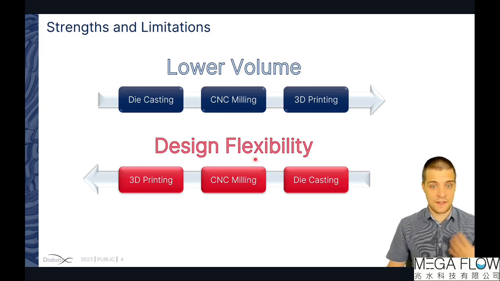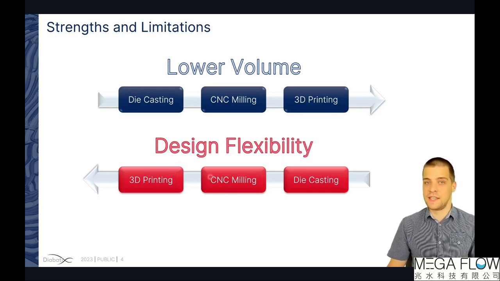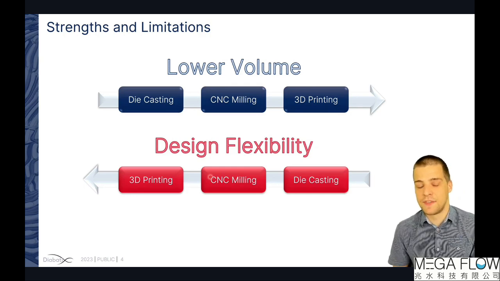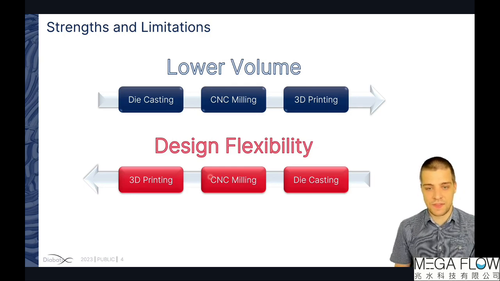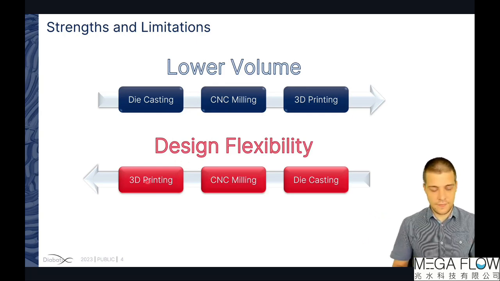All right, and then what is the design flexibility of each of those manufacturing techniques? With 3D printing and CNC milling, the machines quite easily adapt to new geometries. So the design flexibility is of course very high. With 3D printing, the structures can be very organic, can be very 3D-like even.